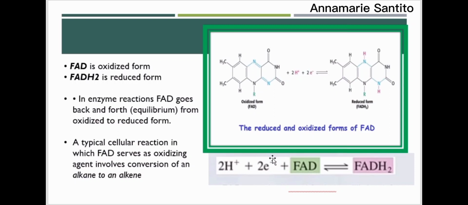Gaining electrons is a reduction, so it forms FADH2. Losing electrons is an oxidation. So we get reductions and oxidations, and FAD goes back and forth to FADH2 as needed, providing electrons.